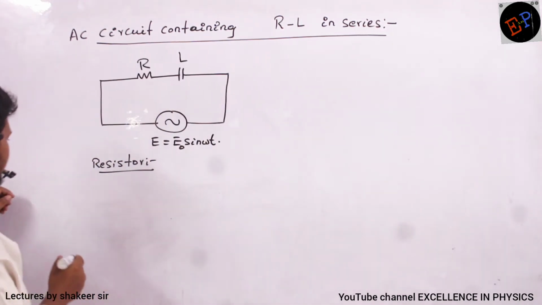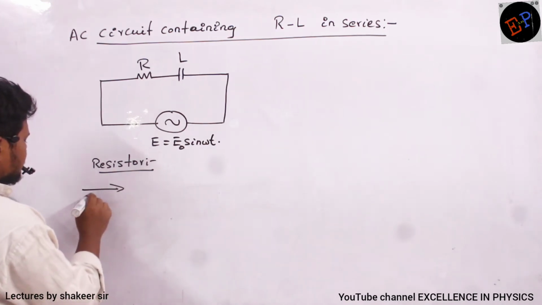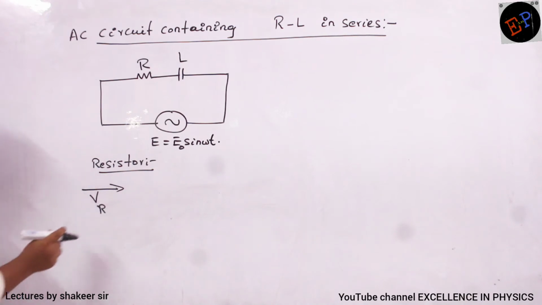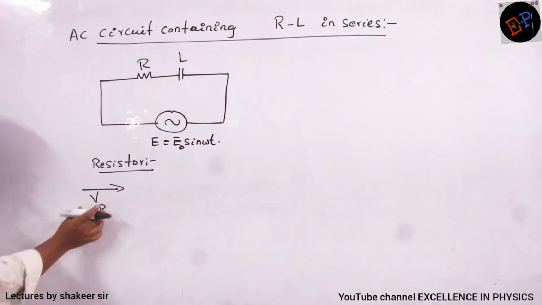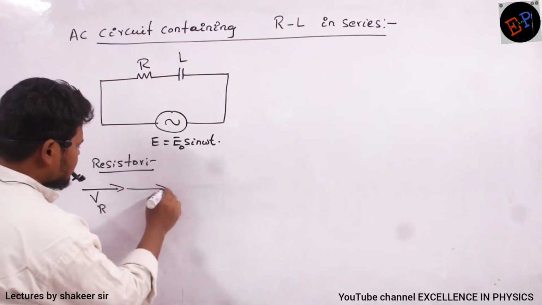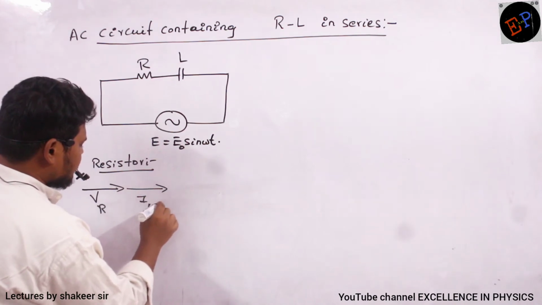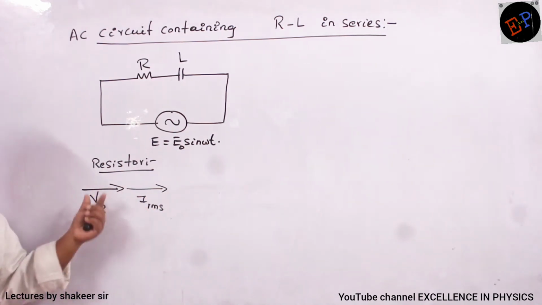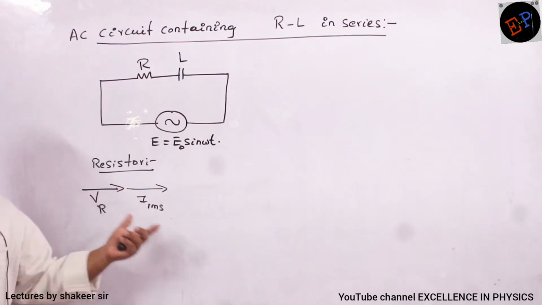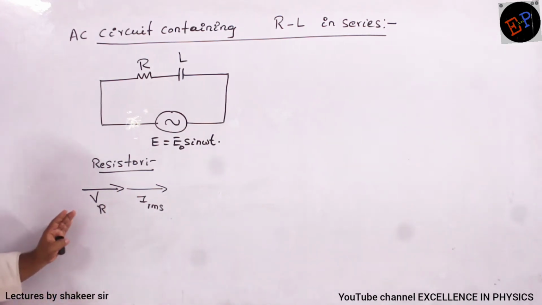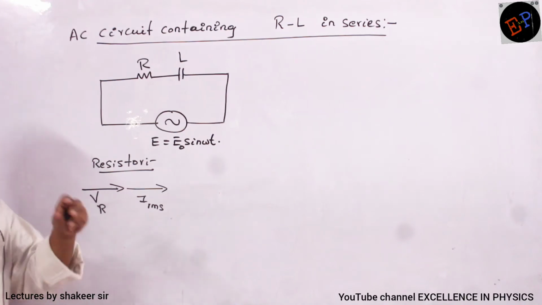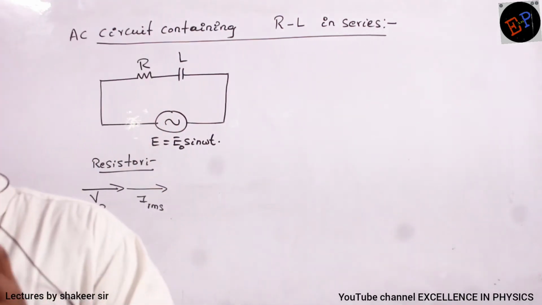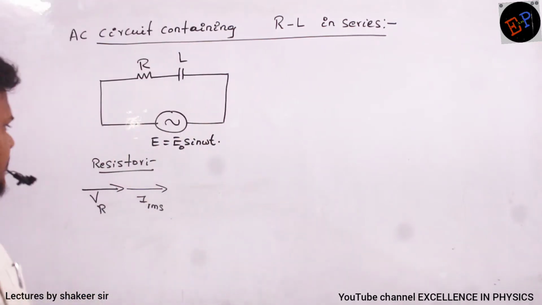If it is VR, what is meant by VR? Voltage across the resistor. Then IRMS is also in the same direction. It means there is no phase difference between voltage and current. This is what we analyzed. So this concept should be very clear: in which circuit, what is the phase angle between current and voltage? This is very important.